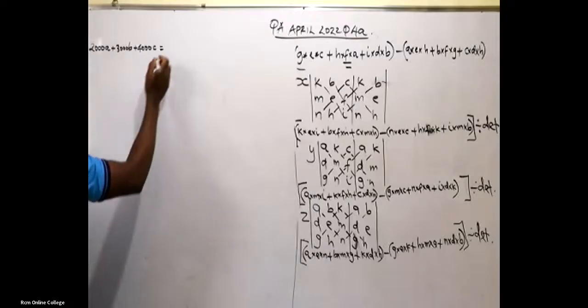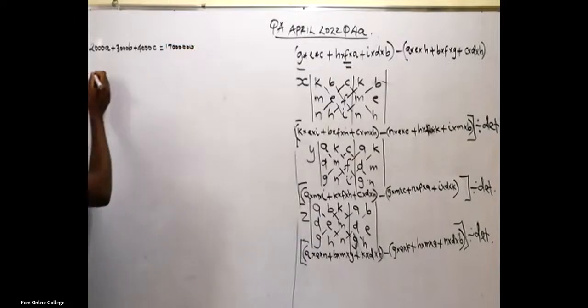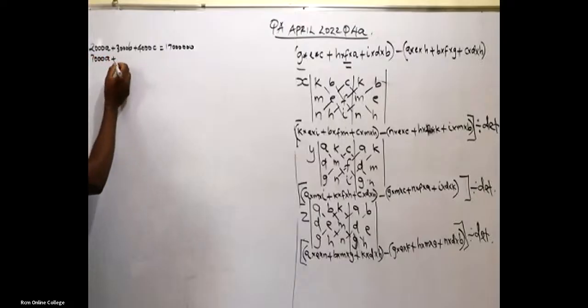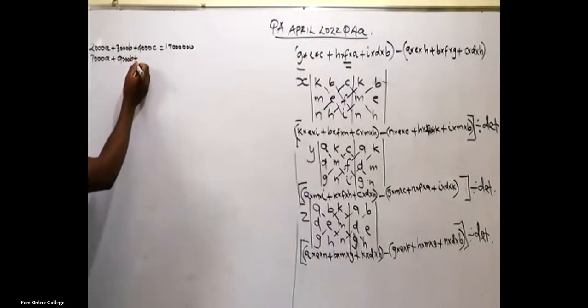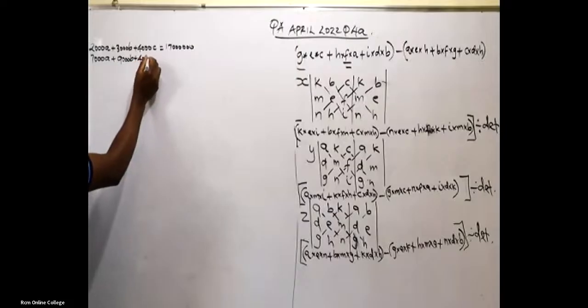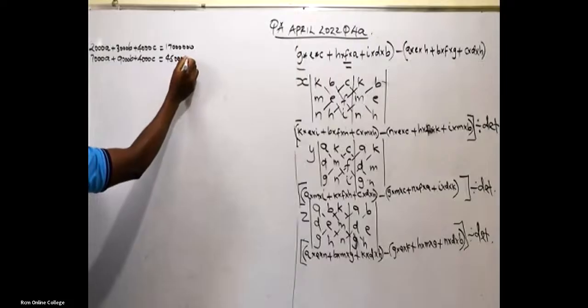Then the second one, we have 7,000 units of A plus 9,000 units of B plus 4,000 units of C. That is giving us 45 million.